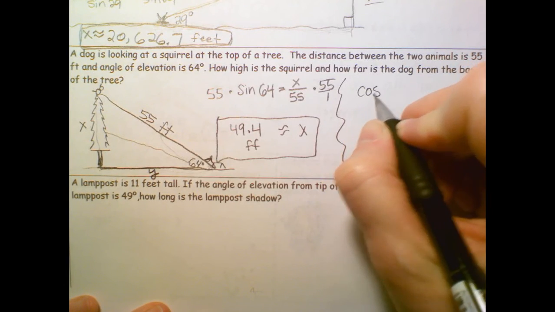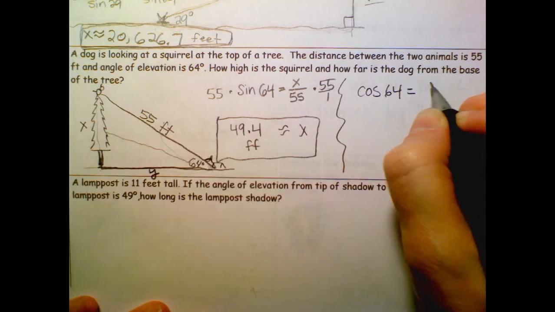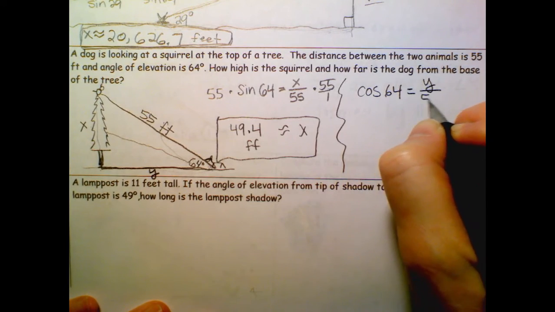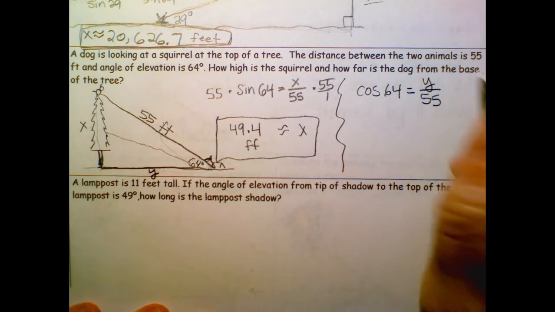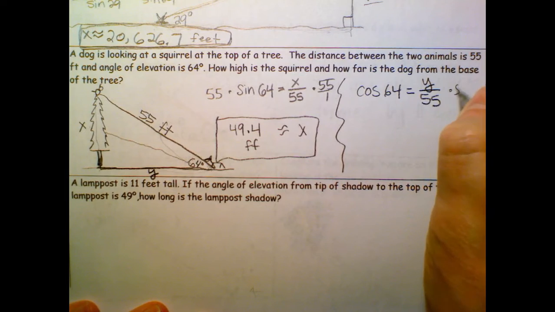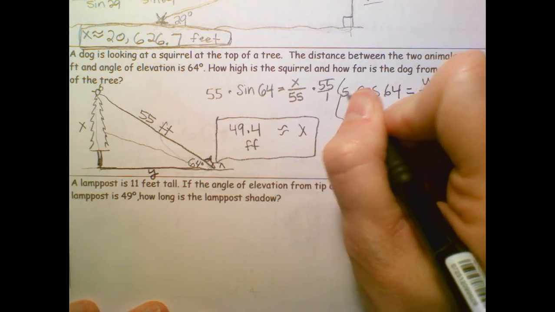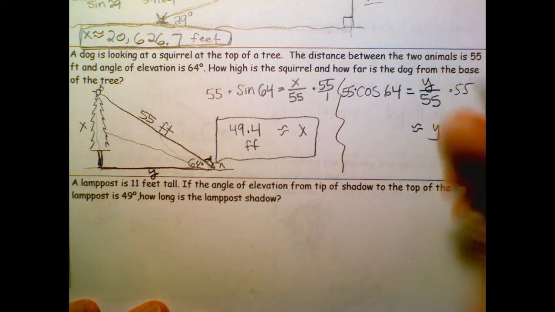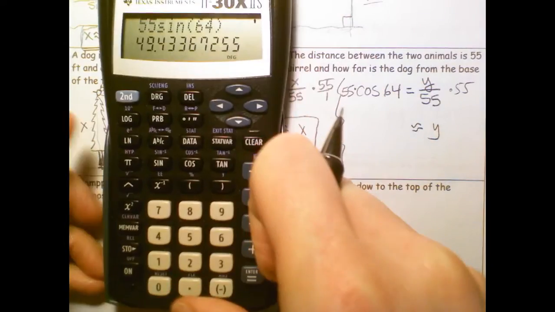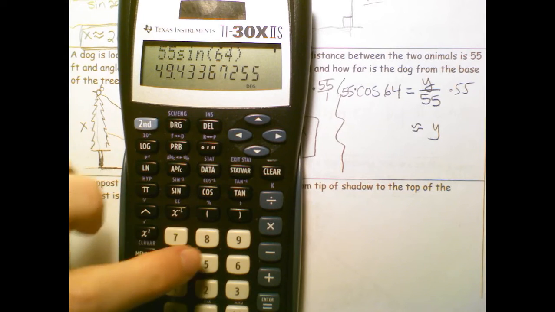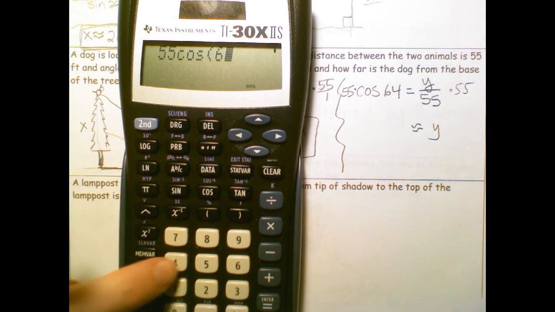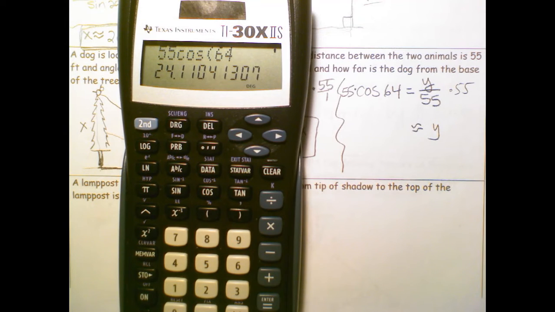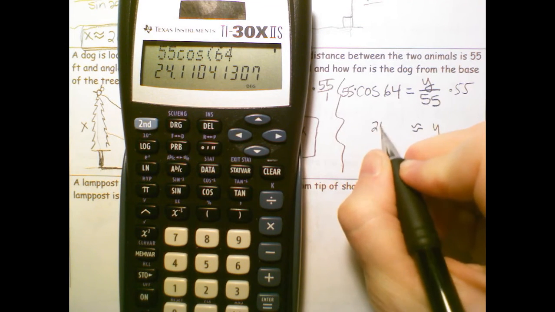So cosine of 64 equals y over 55. Okay. That gives 24.1.